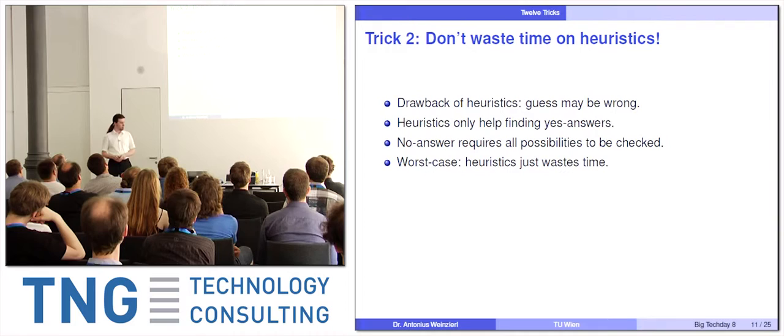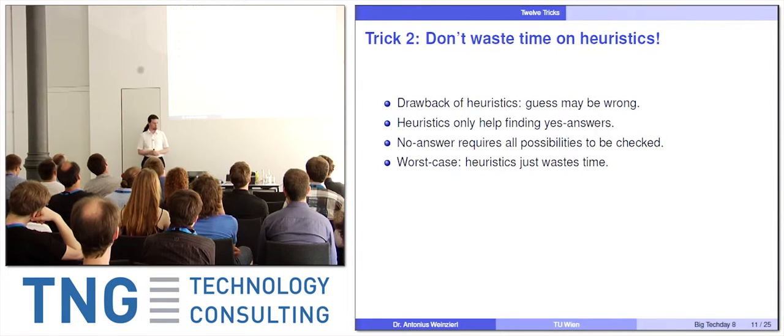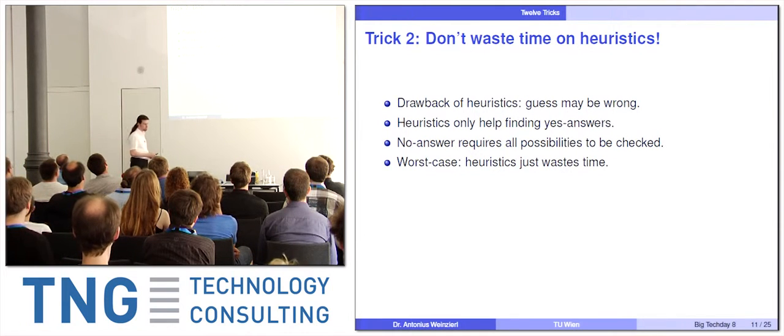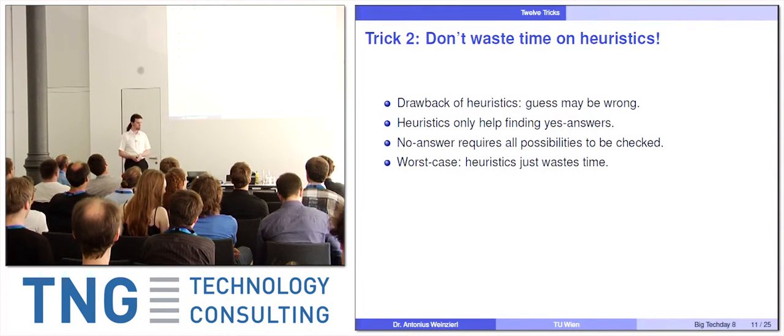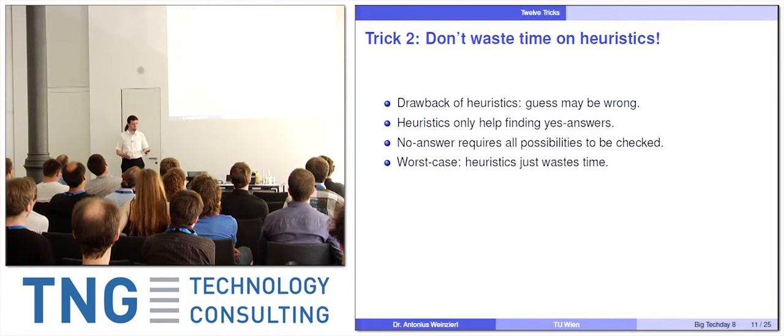Okay, second trick. Heuristics are really nice, but they can be a waste of time because the guess may be wrong. The heuristics may lead us in the wrong direction, taking the wrong branch. Also, the heuristics usually help us only in finding the yes answer.